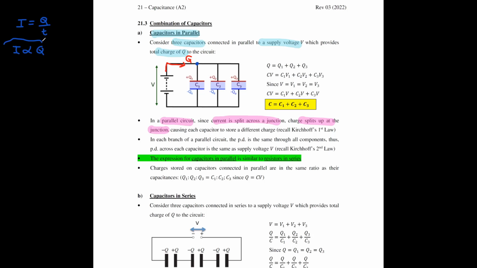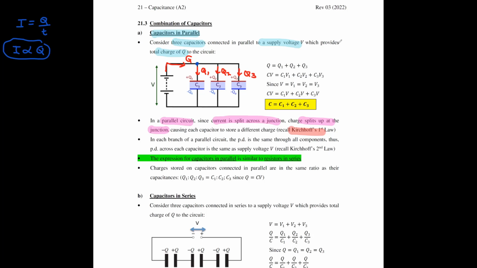So here you can imagine that charge is being pushed through your circuit, but it encounters this junction here. From Kirchhoff's first law, you know that current will split up. Likewise, this also means that your charges will split up. So this will probably cause you to have charges of Q1, Q2, and then Q3.